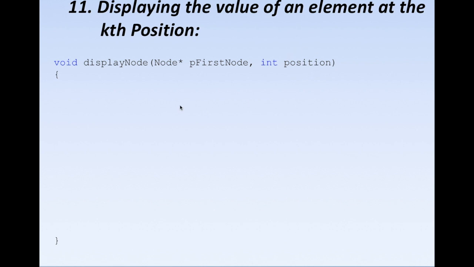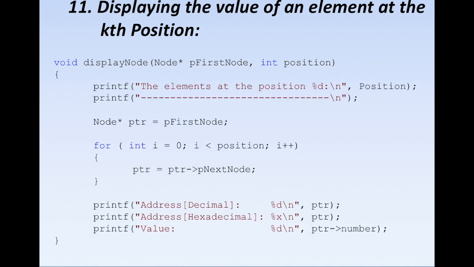We need to have the pointer move from pointing to the first node in the linked list until it points to position, and that's when I display the value inside it. So for the element at the position that I pass to the function, I set a pointer ptr equal to pFirstNode, and then I'm going to move it.